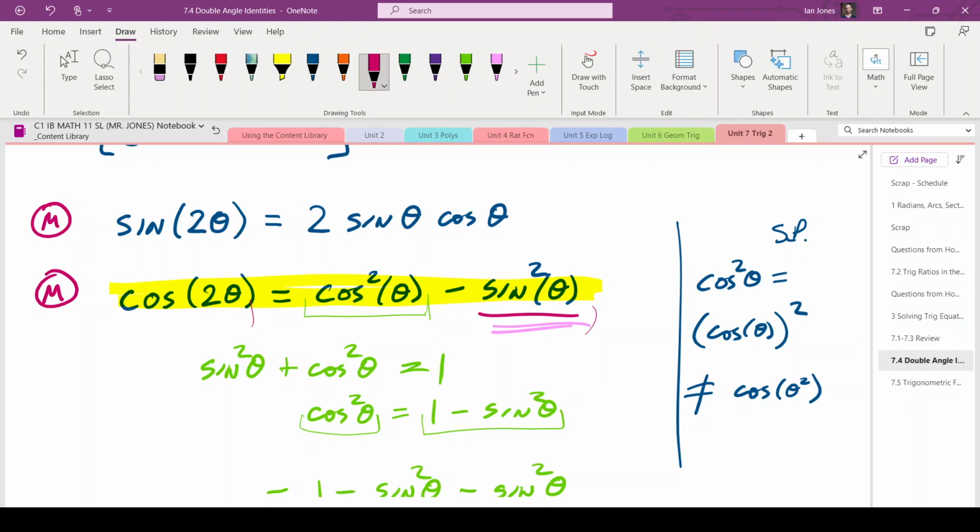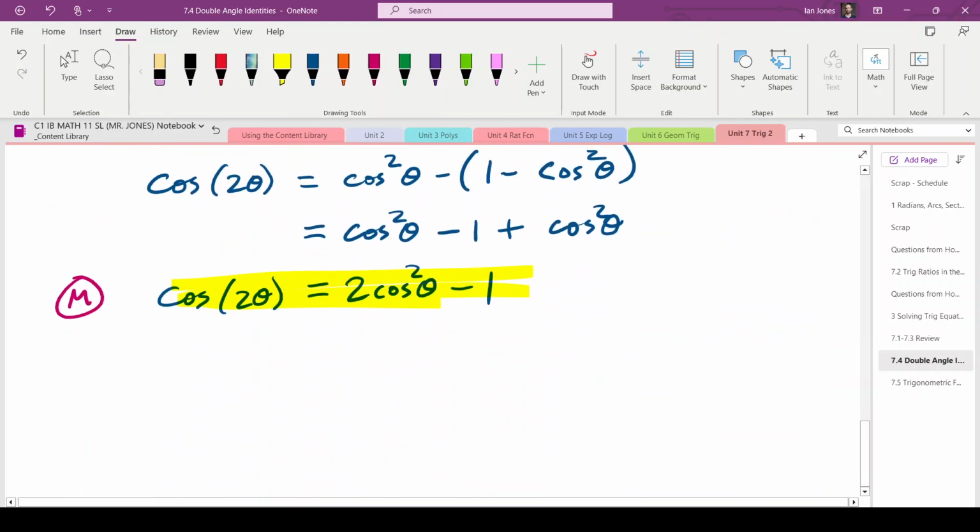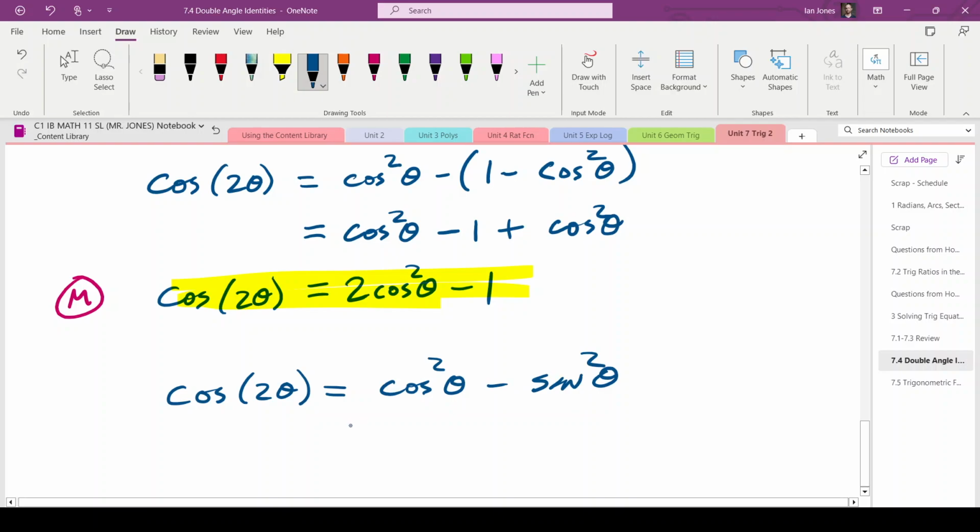So let's just clean this up here. We have cosine of 2 theta is cosine theta squared minus sine theta squared. That's version 1.